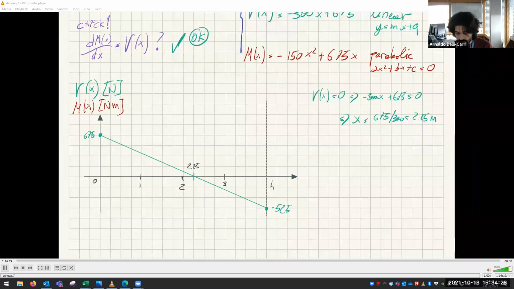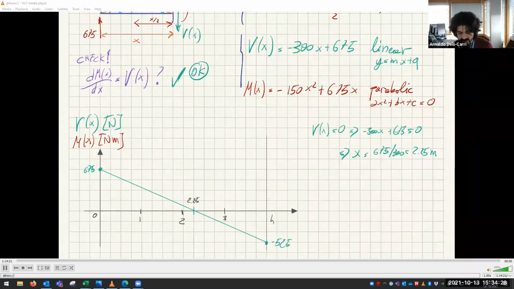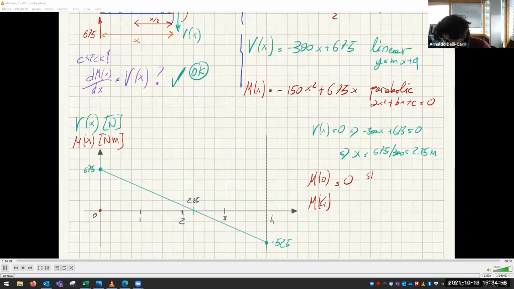So we have 3 points now. We have the starting point, the ending point, and the maximum point is here. So I will just find how much is m of 0. And m of 0 is, of course, 0. So I start from here. I find how much is m of 4, which is the ending point.